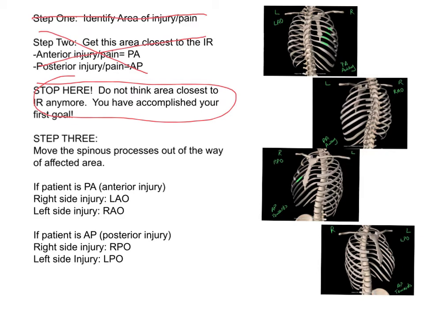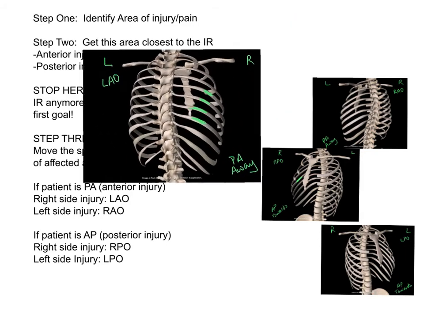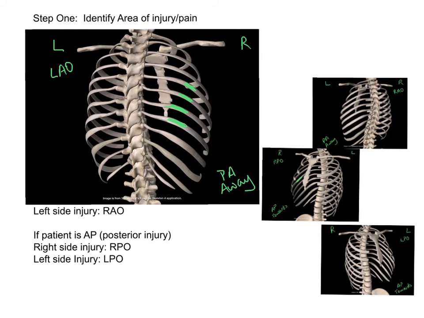Well, our goal of step 3 is to move the spinous processes out of the way of the affected area. So take a look. If a patient is PA, which is an anterior injury, we're going to look at this projection in the top image. I'm going to pull it over this way and enlarge it so we can see it better.